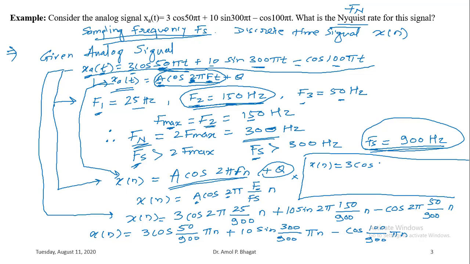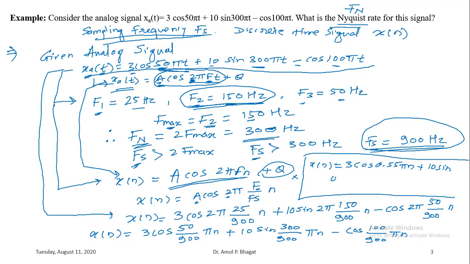So I can write here. You can keep this equation as it is, or you can simply compute these values, 0.05 pi n plus 10 sine again 300 divided by 900. Again I can keep it as it is, or I can replace it with 0.33, right?